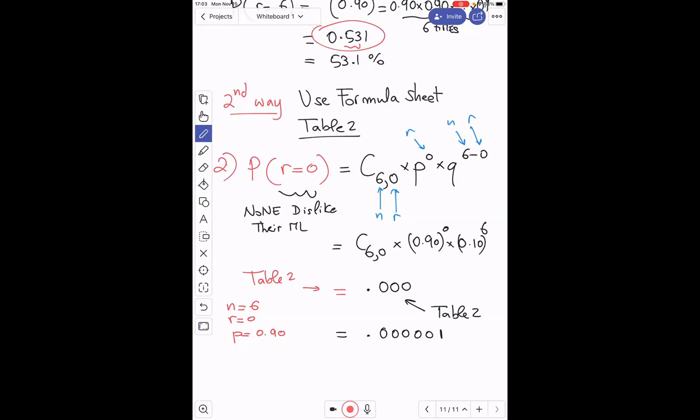If you just use 3 digits after your decimal point, then that's enough. All right, so this is actually the exact answer if you use your calculator.